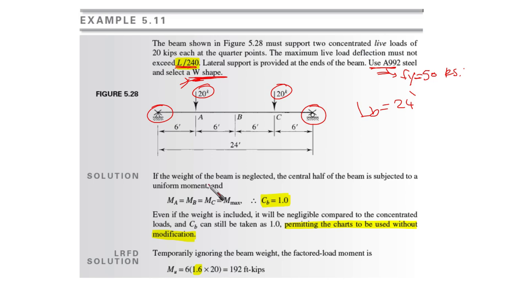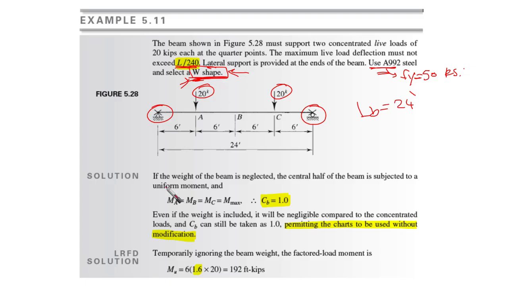Number one, we do not know what shape we are going to use, right? So in this case, as we have explained in the design video, we can neglect the weight of the shape and take it into consideration at a later stage.